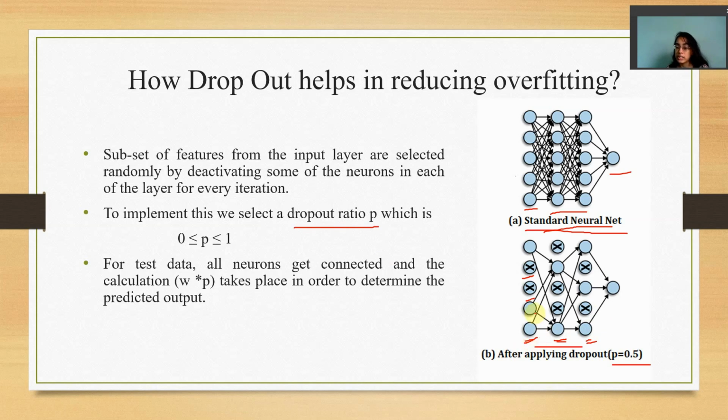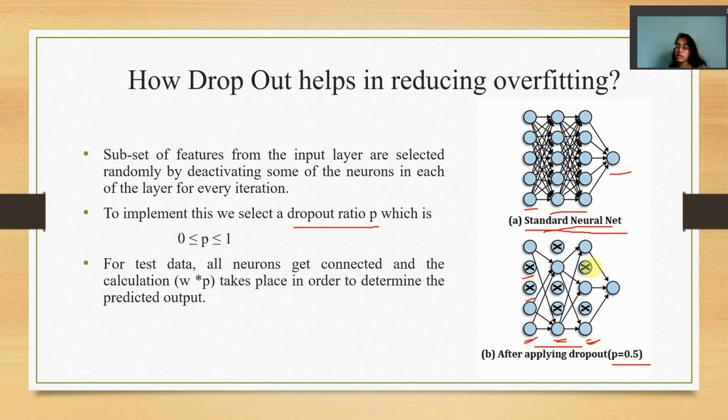You can see here that in my first layer, out of 5 neurons, I have deactivated only 2 neurons. In my second layer, or hidden layer 1, I have deactivated 3 neurons. Again in my third layer, or hidden layer 2, I have deactivated only 2 neurons.